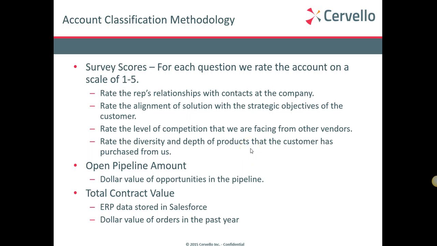And then there are two hard values that are important. That's open pipeline amount and total contract value. Total contract value comes from ERP data that's stored in Oracle EBS, and the dollar value of opportunities in the pipeline is just the amount of money that's in the pipeline. This is a pretty simple calculation.